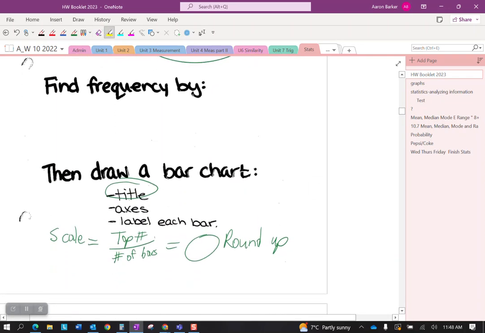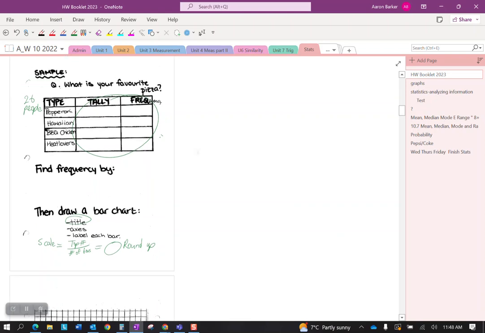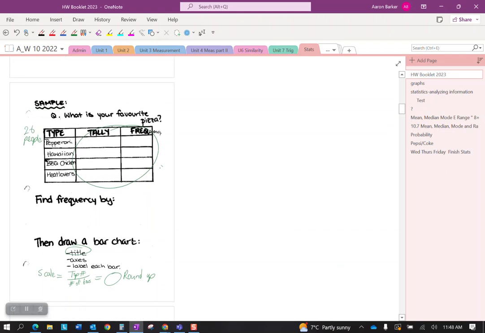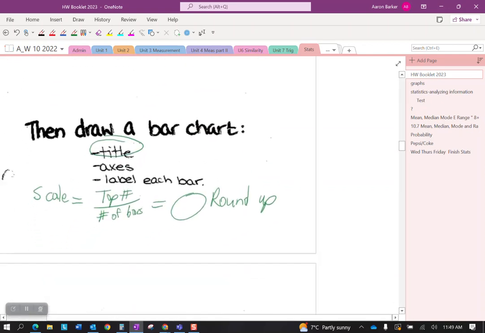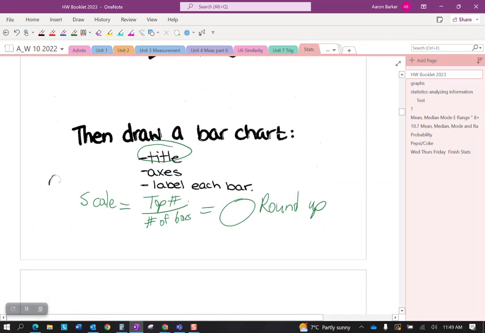Don't forget, find this page, please. You want to write down how to make your scale. For your scale, remember, it's your top number divided by the number of bars, and then round up. Write that down.